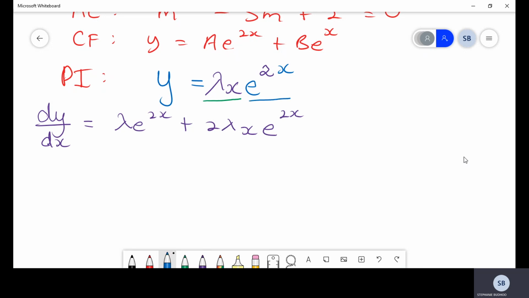I have decided to let my u be equal to lambda x and my v be equal to e to the 2x, such that I have my u function present here and I differentiated my v to get 2e to the 2x. Also, I have my v present here, and I differentiated my u to get lambda. So this requires use of the product rule.